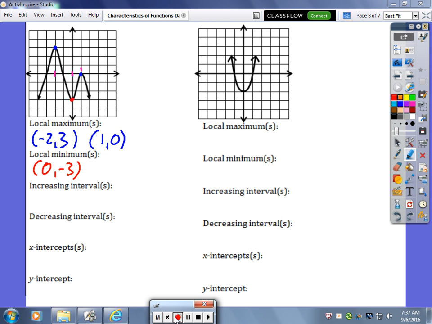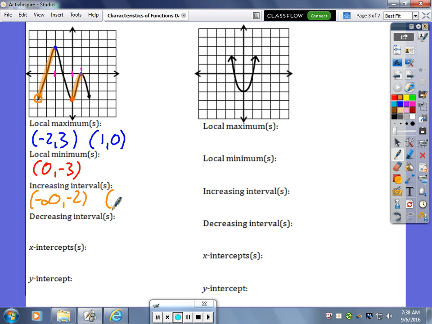Okay, then let's look at our graph and find our increasing intervals. We have two. One is right here, and the other one is right here. So the first interval, as you can see indicated by the little arrow, starts from negative infinity and it goes all the way to -2.